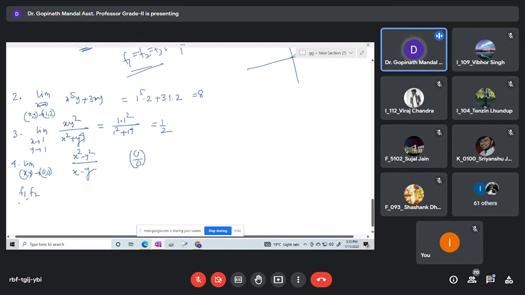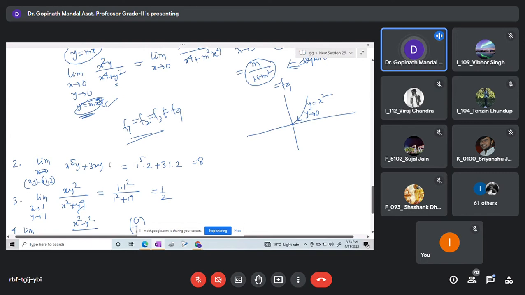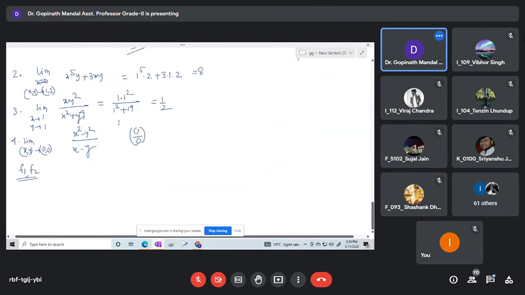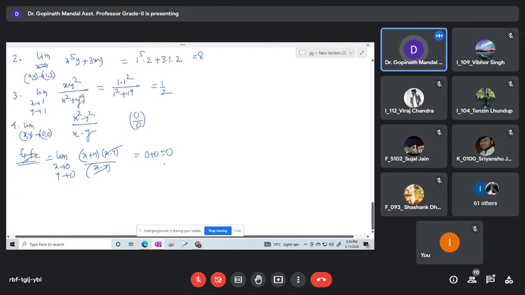For f1, put x equal to 0, then y tends to 0, and in the second case put y equal to 0 and x tends to 0. No, you need not do this. Just factorize this. So 0 by 0 now. That is 0 plus 0. It's easy. So the limit is 0.